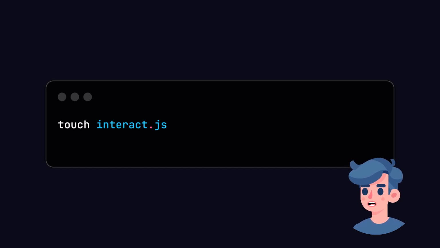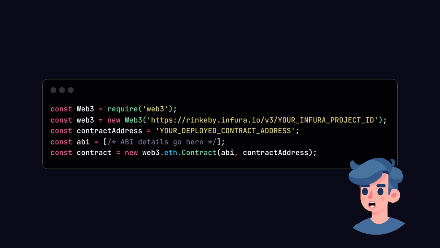Now, we need to interact with this deployed contract from our JavaScript code. Create a new file, interact.js, in your project directory. In interact.js, let's set up our Web3 instance and connect to the deployed contract. This ensures we can call the functions defined in our smart contract.